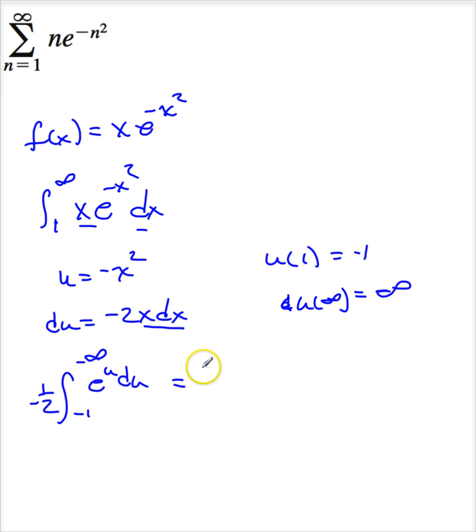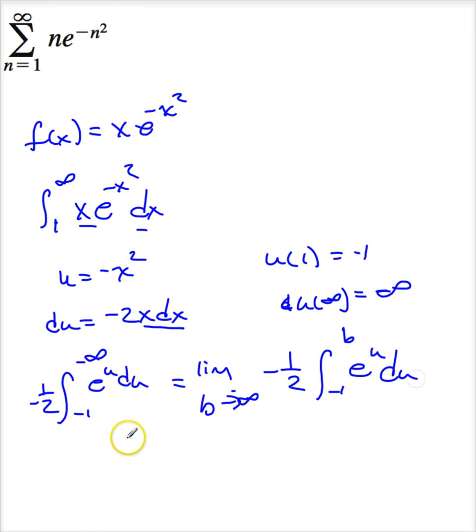So this is the limit as b approaches minus infinity of minus 1/2 the integral from minus 1 to b of e^u du. So this is minus 1/2 times the limit as b approaches minus infinity of e^u evaluated at minus 1 and b.